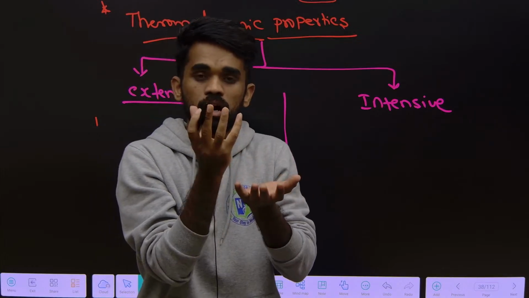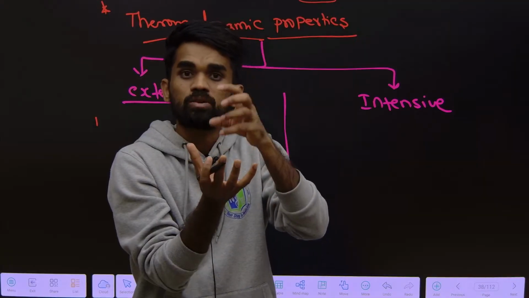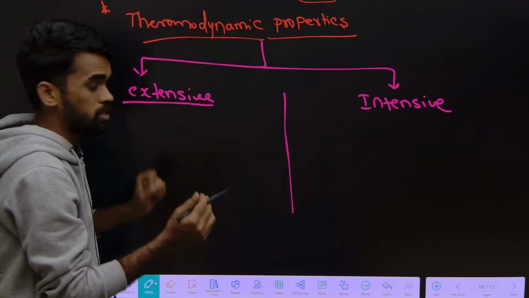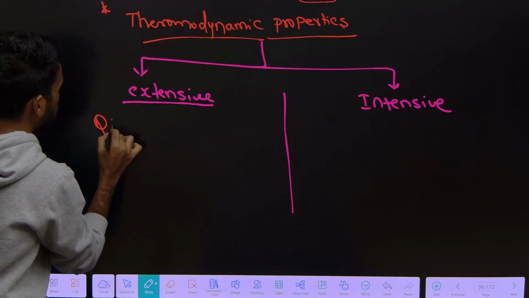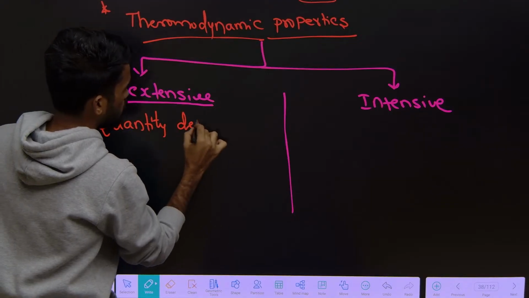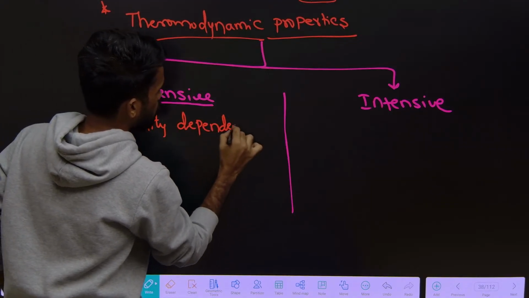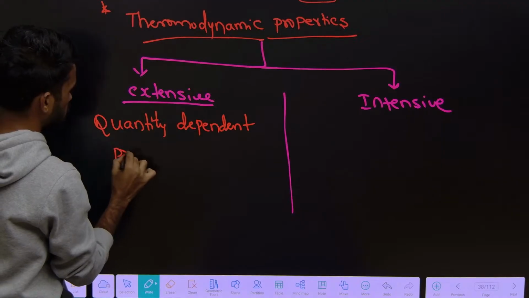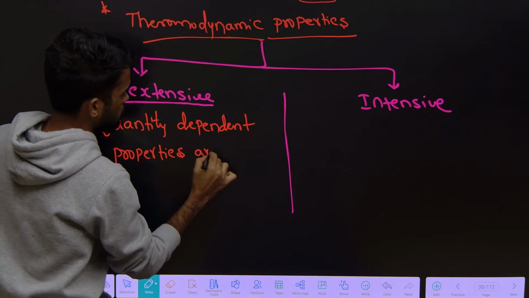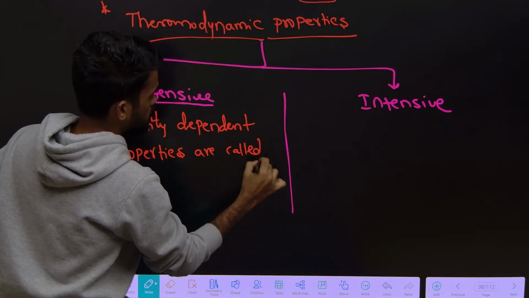Those properties which depend upon the quantity of matter are considered extensive properties. So quantity-dependent properties are called extensive properties.